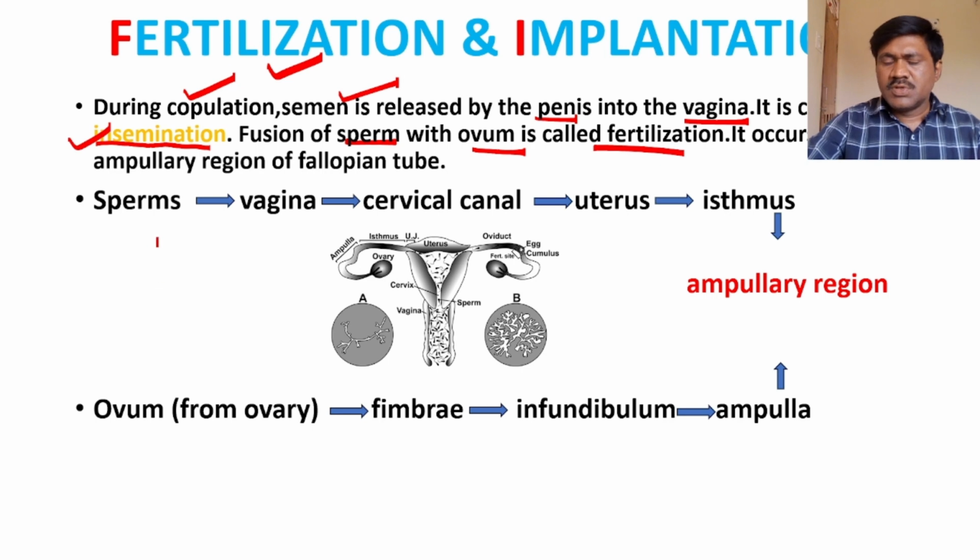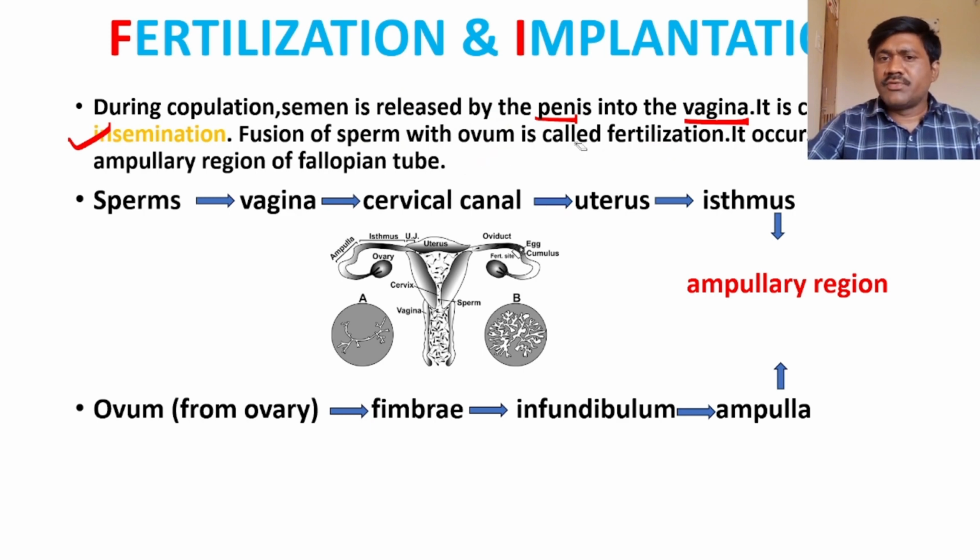Whenever insemination occurs, a sperm cell fuses with the ovum or egg cell and leads to the formation of a diploid cell, which is called the zygote. This process is called fertilization. It occurs in the ampullary region.